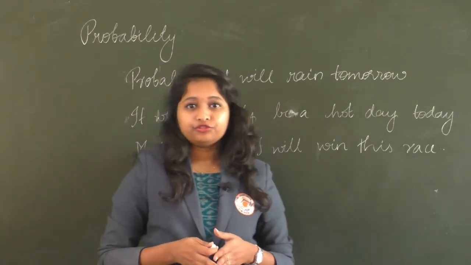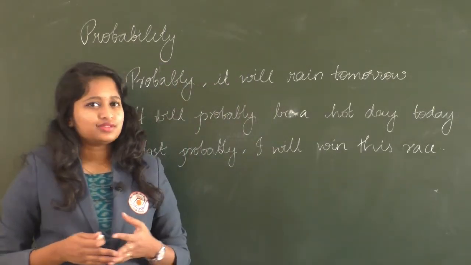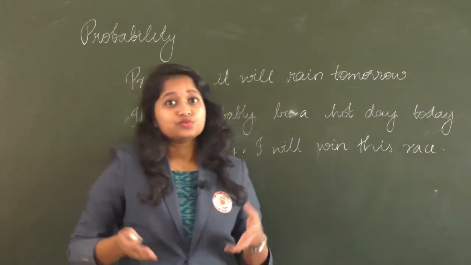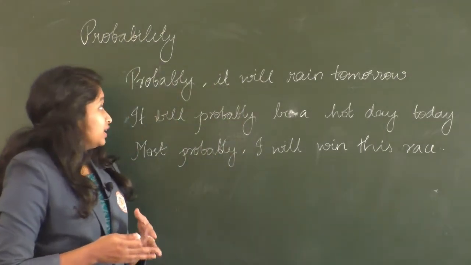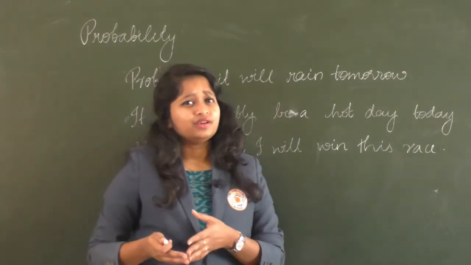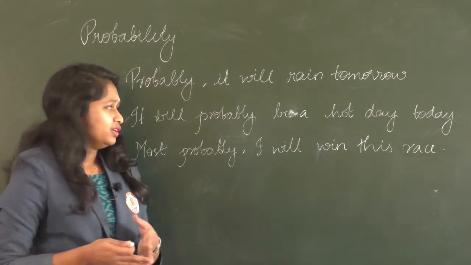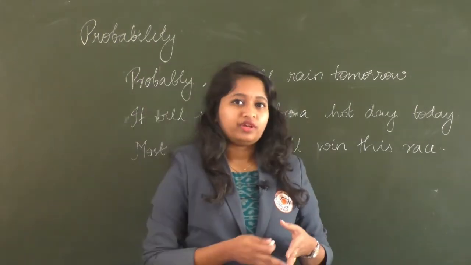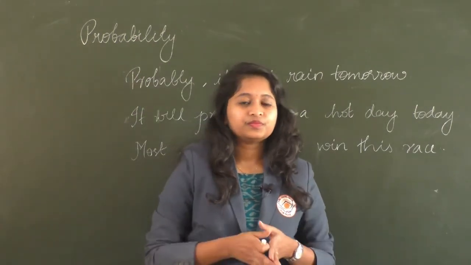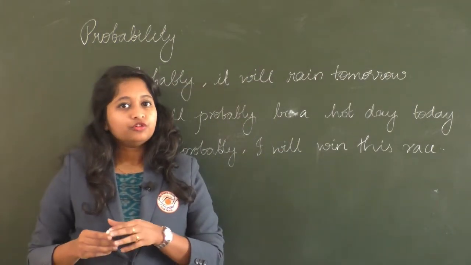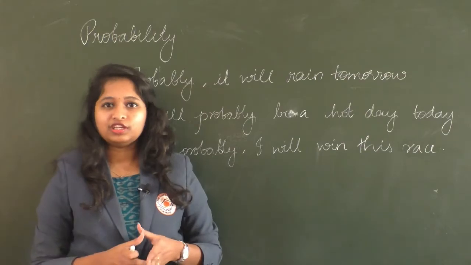In day-to-day life, we come across statements like, probably it will rain tomorrow. It will probably be a hot day today. Most probably, I will win the race. Isn't it? So, it is a chance of occurrence of a particular event.